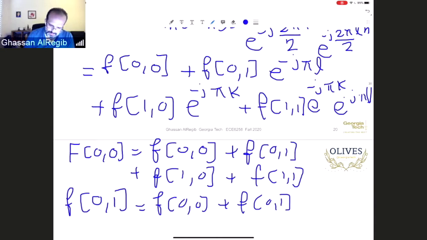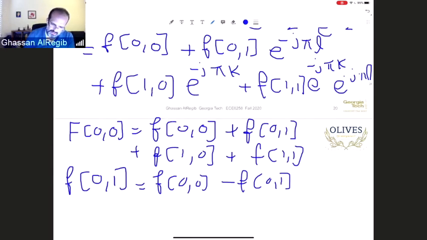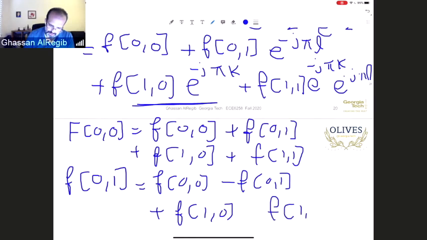And now l is equal to 1, so this is e to the negative j pi, which is negative 1. So I can simplify this to make this negative. And then I will have k equal to 0, so this will be equal to plus f of 1 and 0, and e to the negative j pi 0 is 1. And then finally, I will have f of 1 and 1.